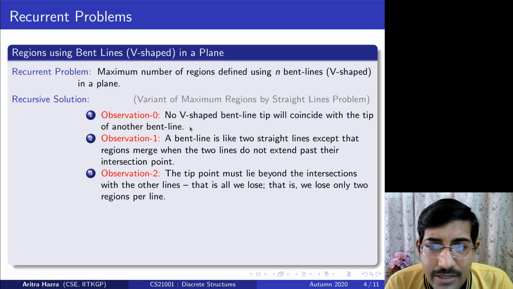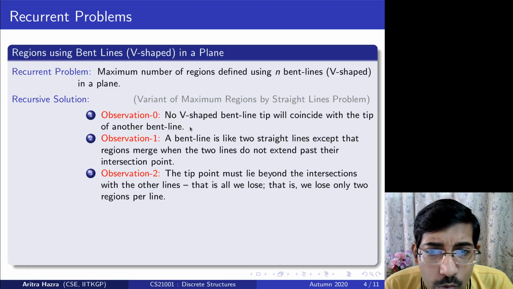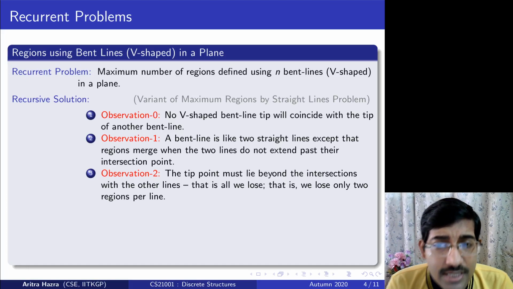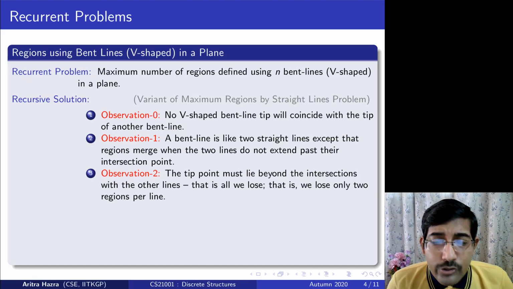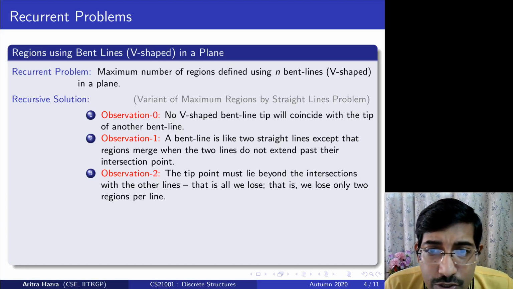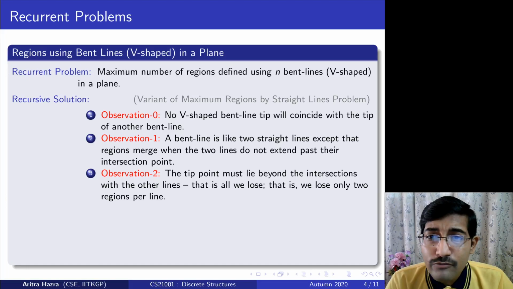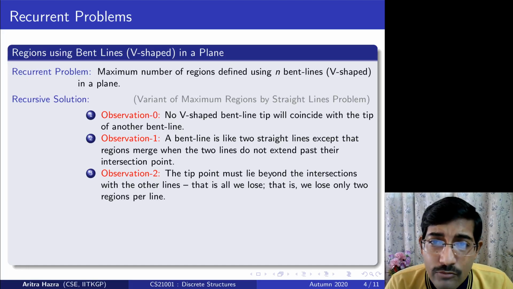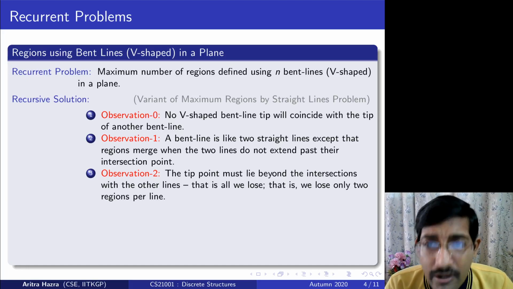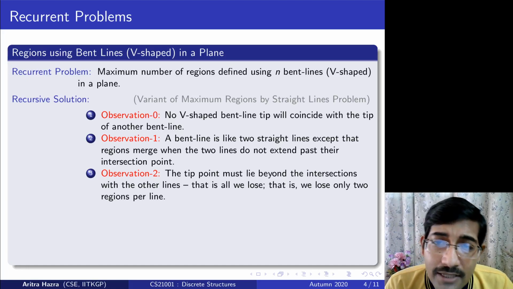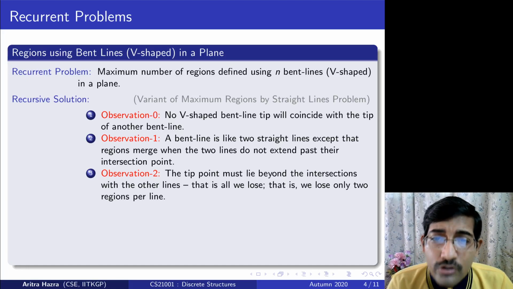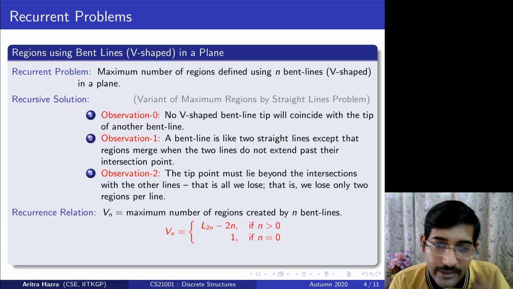So that means we lose only 2 regions per such V-shape per line. So we lose 2 regions per line, and now introduction of a V-shape introduces 2n lines. So if you compute the same thing with 2n lines per V-shape minus what you lose, 2 into n regions, that will give you the final recurrence.